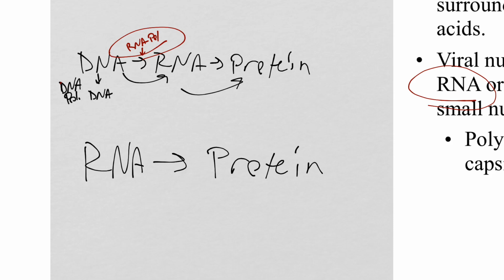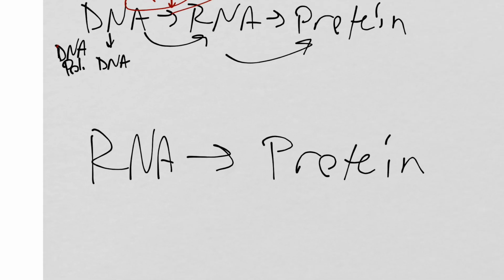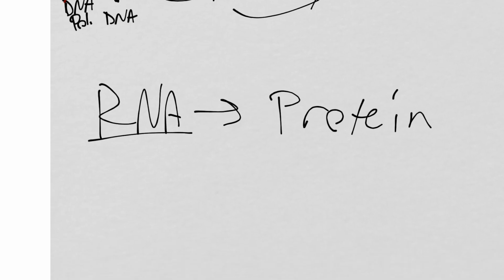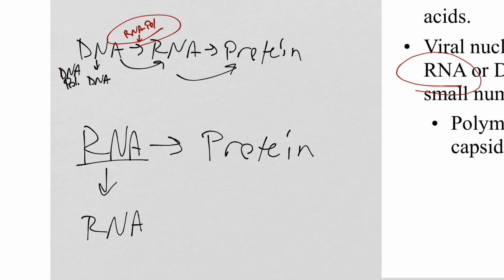Obviously, viruses don't have ribosomes, but they can use the host cell's ribosomes to make it happen. The problem is, in order to copy more viruses, you also have to make more copies of the RNA genome itself. You can't just make protein. And so somehow, this cell has to get from RNA to more RNA. That requires an enzyme that is different than normal RNA polymerase.